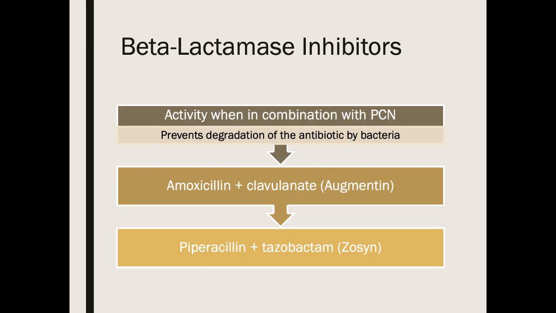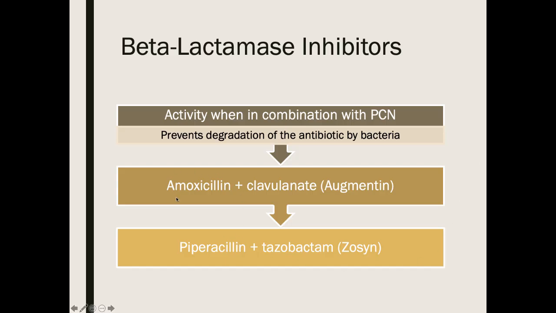Similar to penicillinase is beta-lactamase, and bacteria that are resistant to medications like amoxicillin or penicillin can also produce beta-lactamase, which breaks down that antibiotic and makes it non-functional. So we've developed beta-lactamase inhibitors. We give a type of penicillin in conjunction with one of these beta-lactamase inhibitors. It takes out the beta-lactamase and allows the antibiotic to do its job.